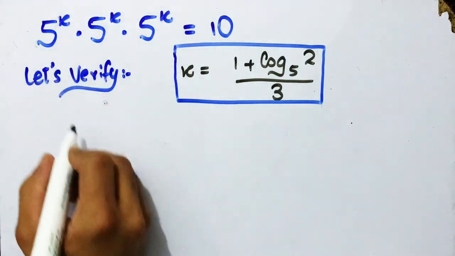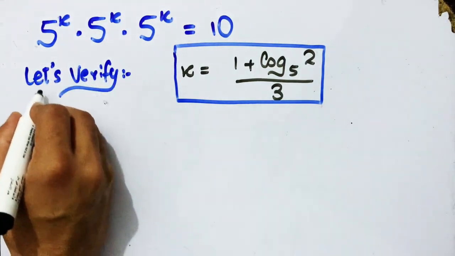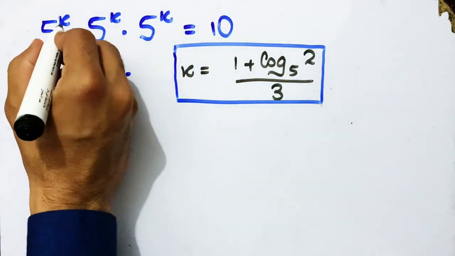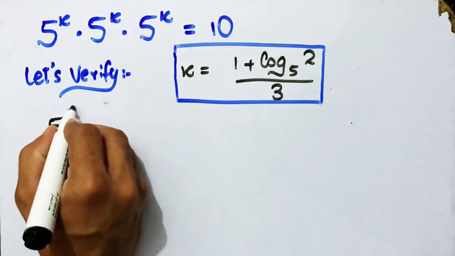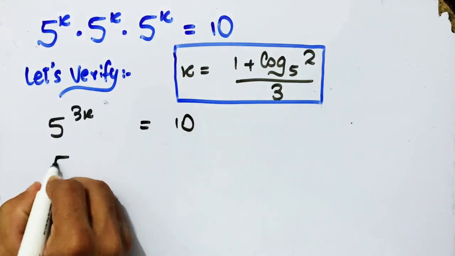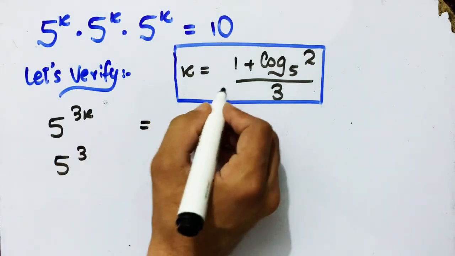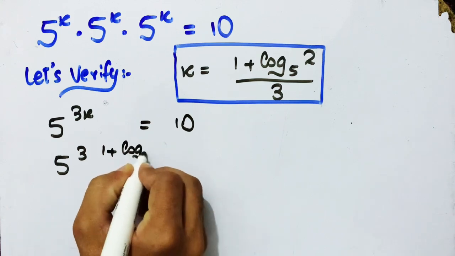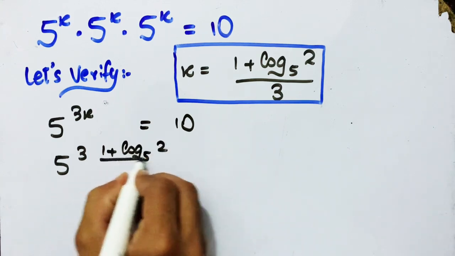Now let's verify by putting the value of x into the equation. The first 5s have a common base, and x plus x plus x is 3x, so 5 to the power of 3x equals 10. Now put the value of x, which is (1 plus log base 5 of 2) divided by 3.